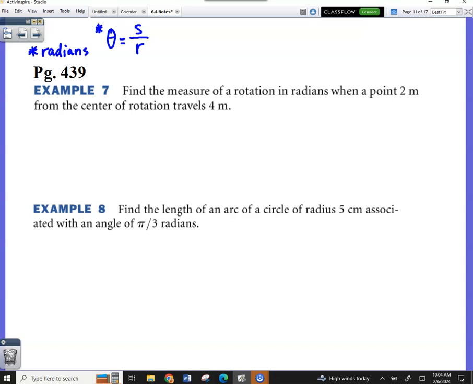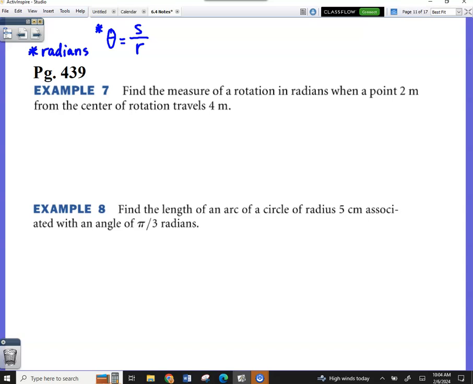So there's not a lot of ciphering going on. You just read it and ask yourself, okay, is this the angle it's rotating? Is this the arc length, distance traveled? Or is this the radius of the circle? Everything is straightforward.